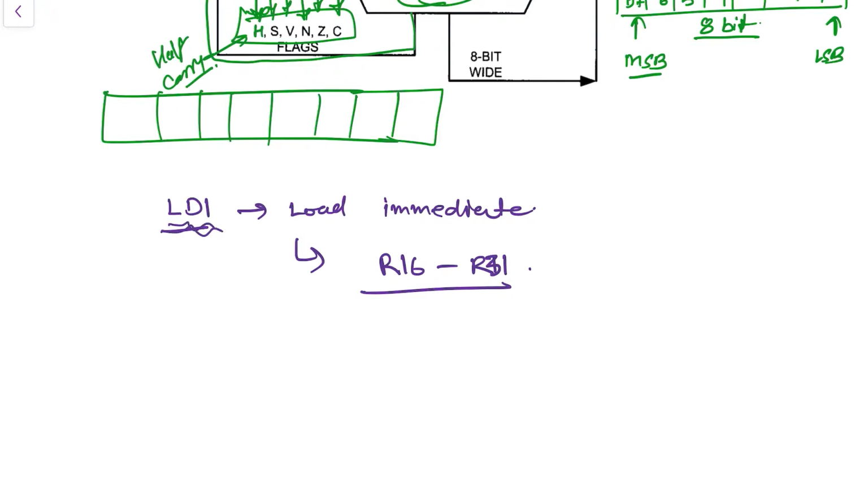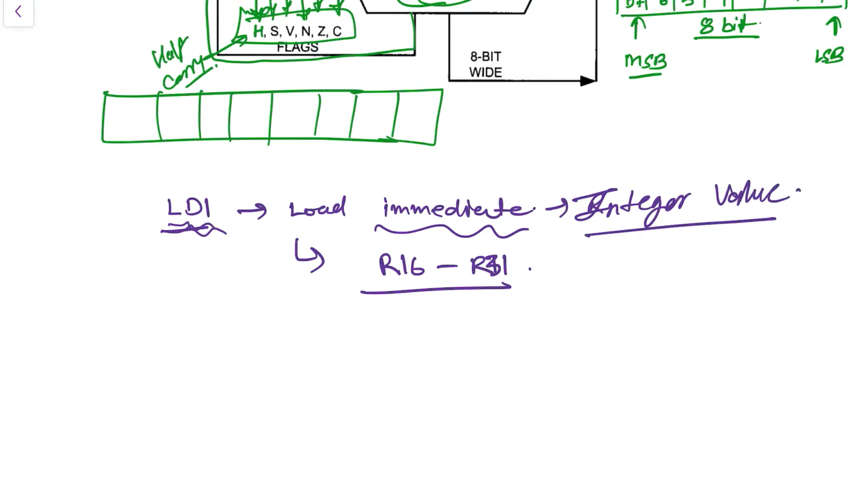If we apply LDI on registers less than R16, then the compiler will give you an error. The immediate value will be a decimal value, an integer value, which you need to load into a register.